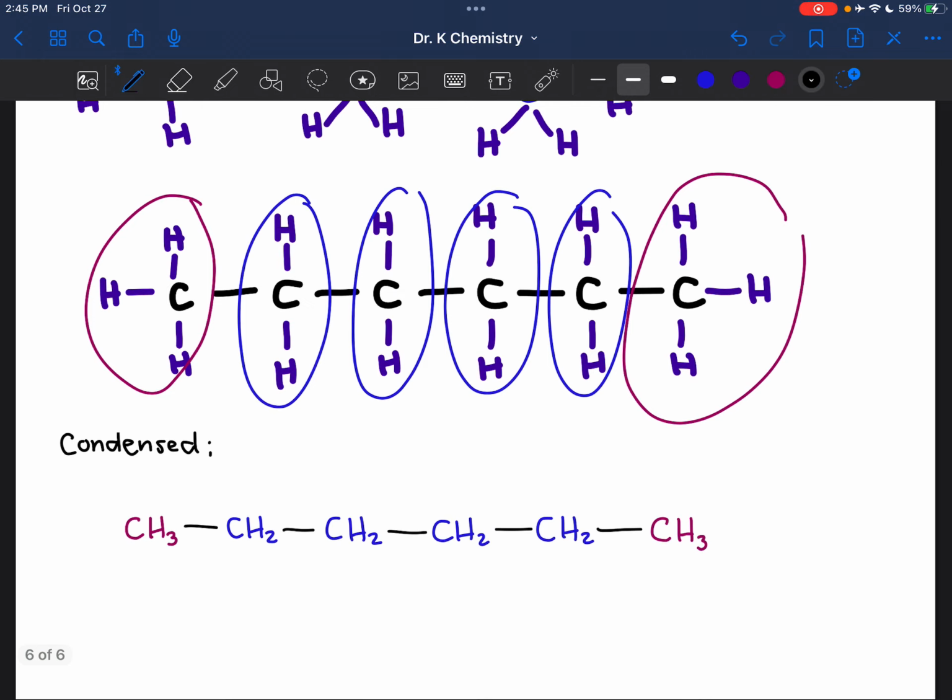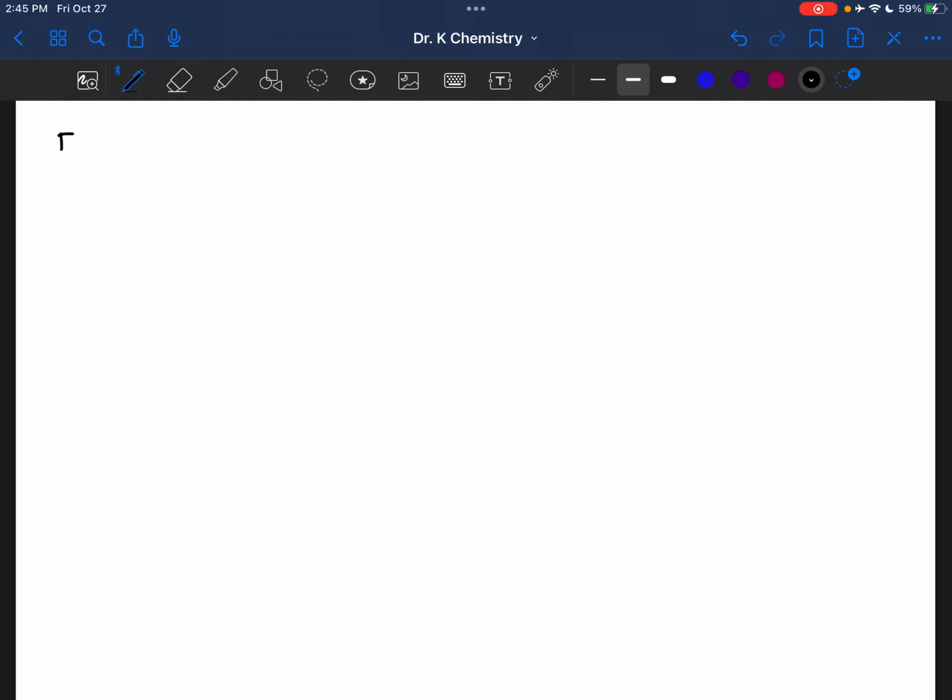Let's try another problem. Let's do the same process for butane. The prefix but is telling me that there are 4 carbons in the structure. The ending ane tells me that it's an alkane.